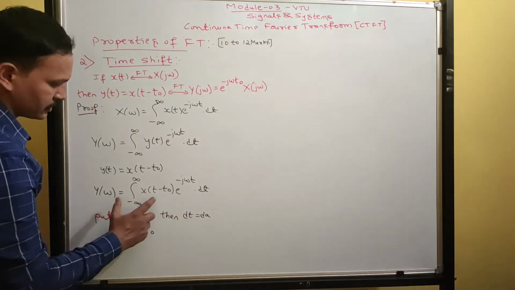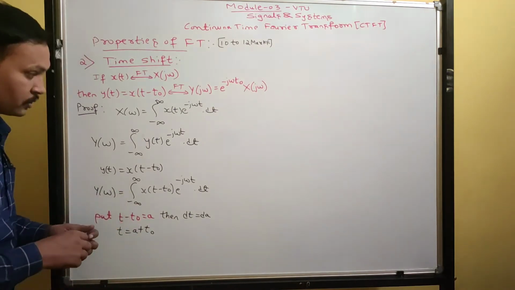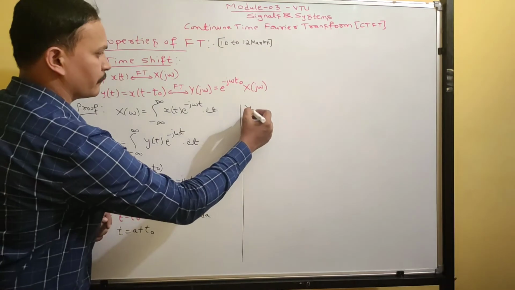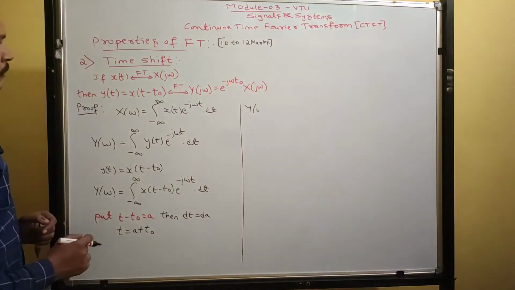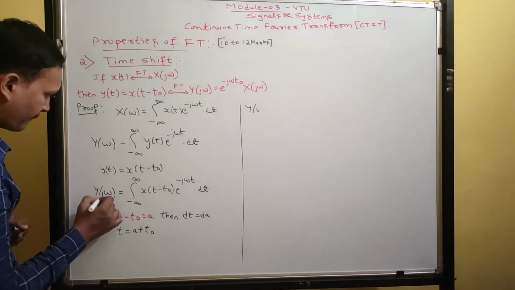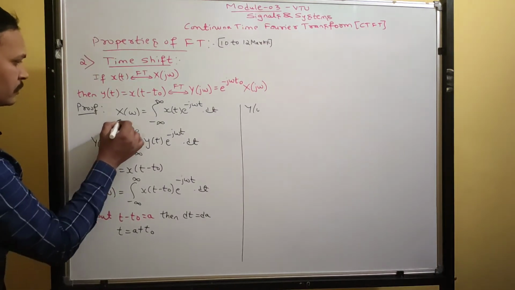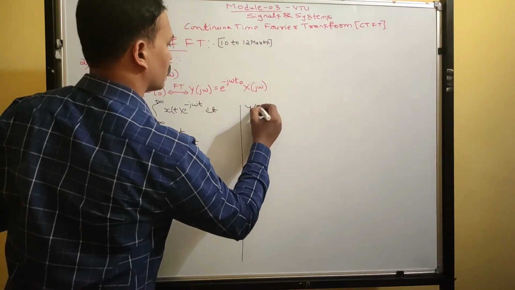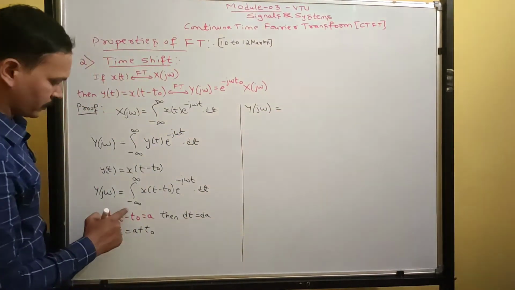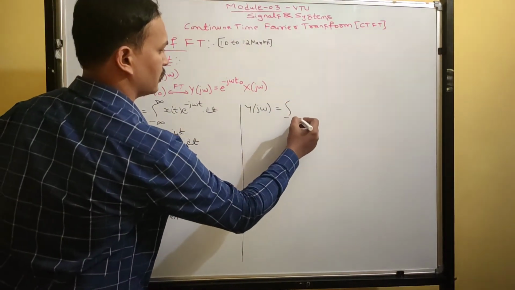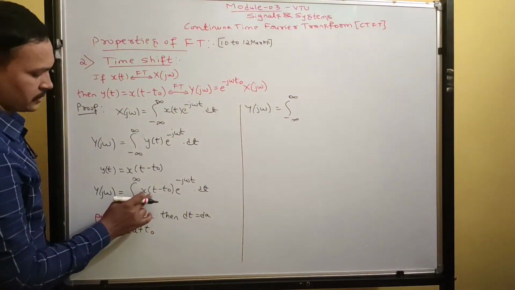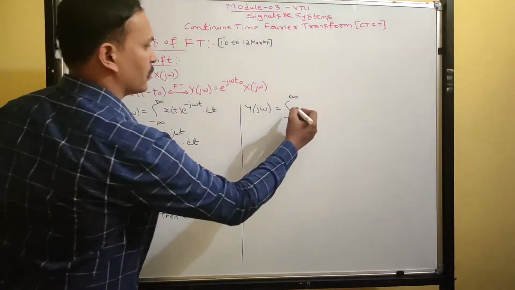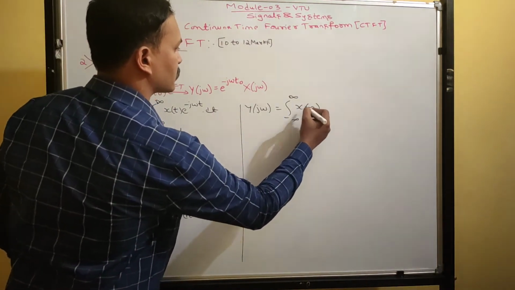Now use these notations in this equation. So Y of j omega is equal to the integral from minus infinity to infinity. What is t minus t naught? I am considering it a, so this becomes x of a.